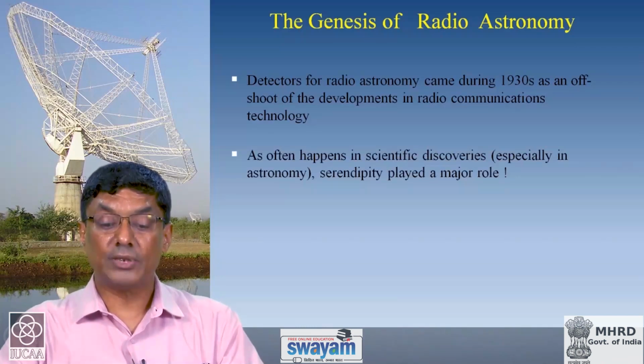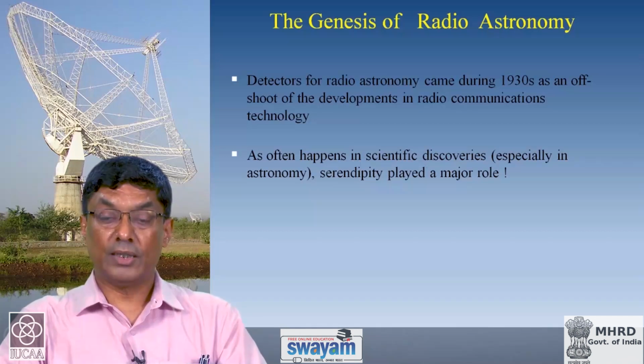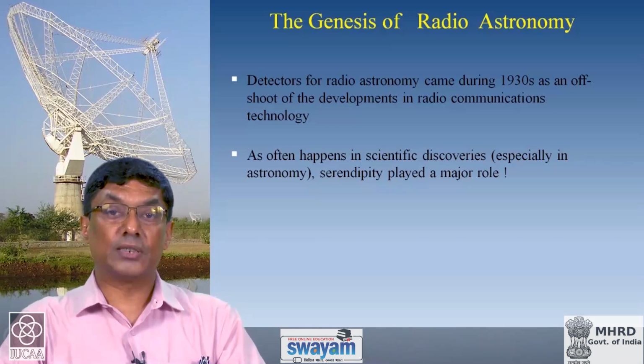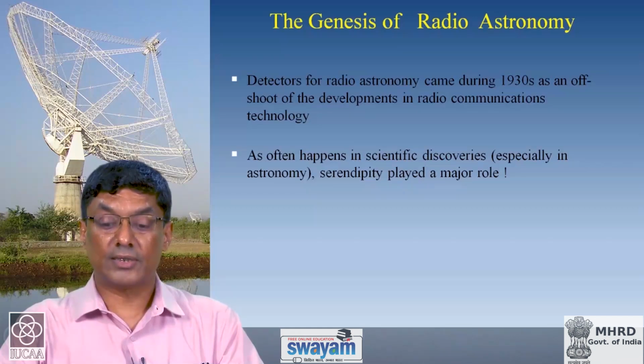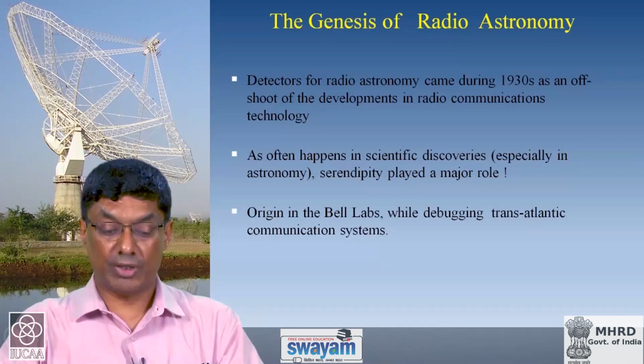And as often happens in astronomy, the discovery of radio signals from celestial objects was a completely serendipitous discovery, and this is something that we see in astronomy very often.